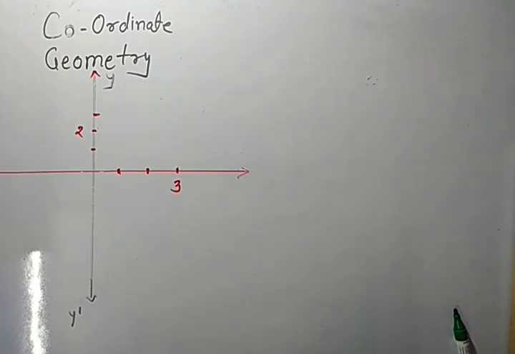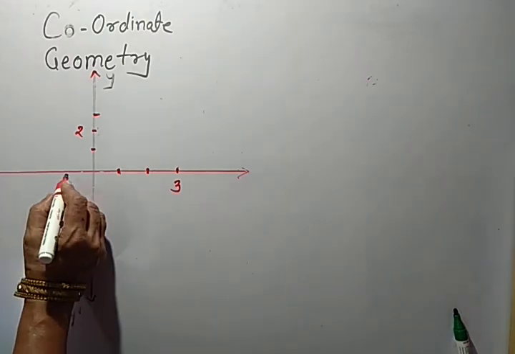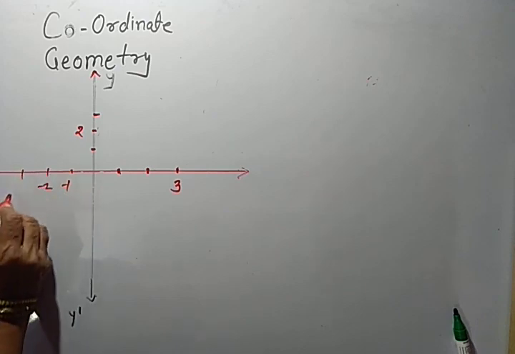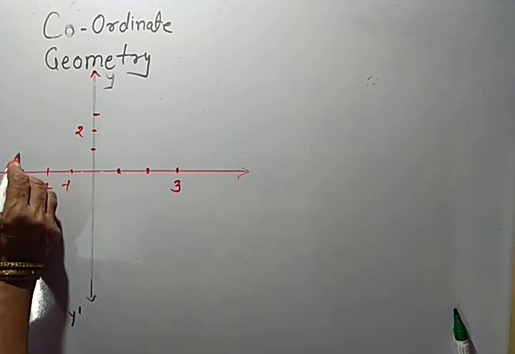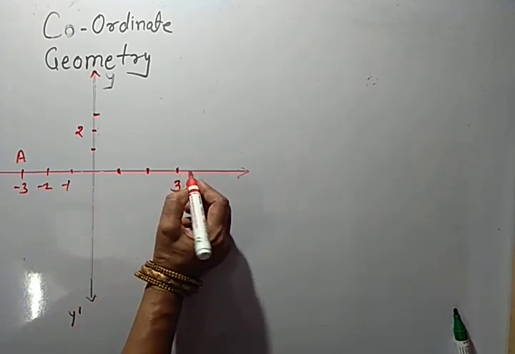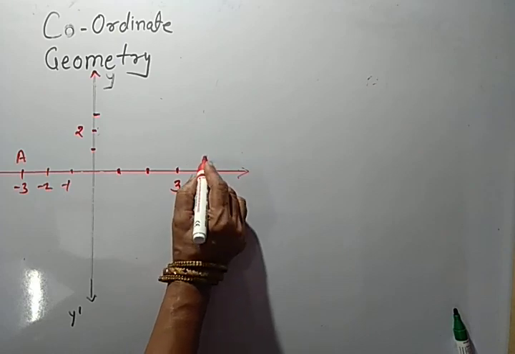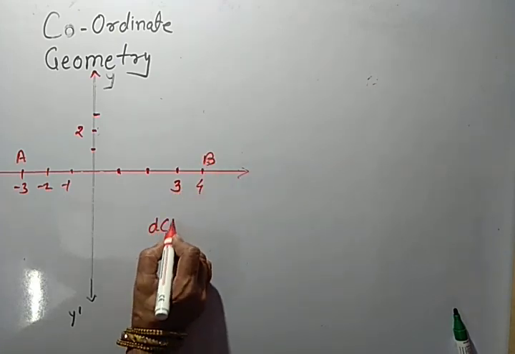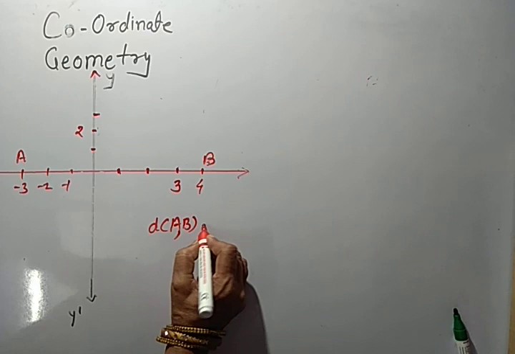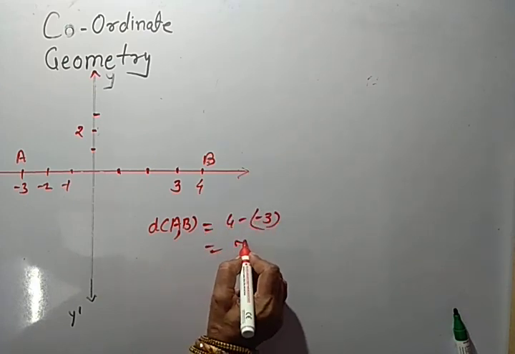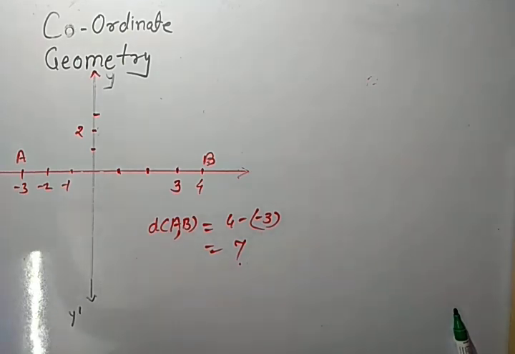Okay. Now let us find the distance between any two points which are on the x-axis or y-axis. Suppose point A is -3 and point B is 4. Then distance AB = 4 - (-3) = 7, because minus 3 becomes plus.